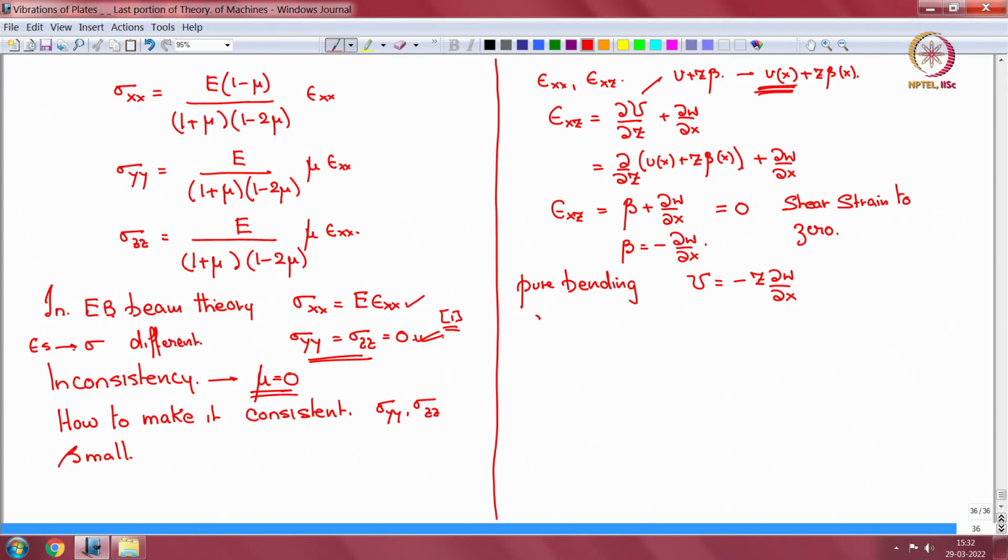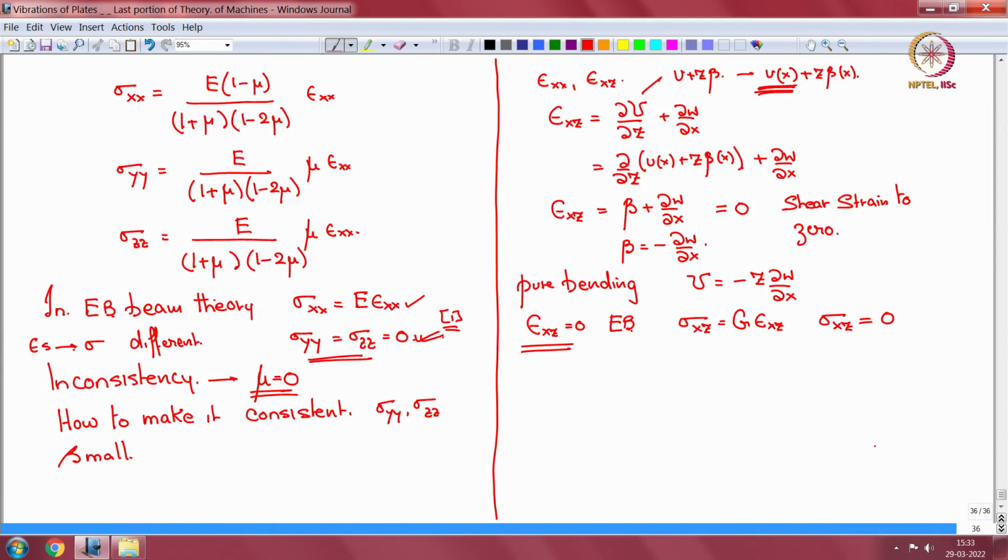Now if epsilon xz is set to 0, okay, as is the assumption in Euler Bernoulli beam theory, then sigma xz is G times epsilon xz, and therefore sigma xz must also be equal to 0.